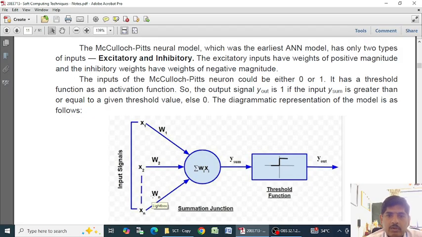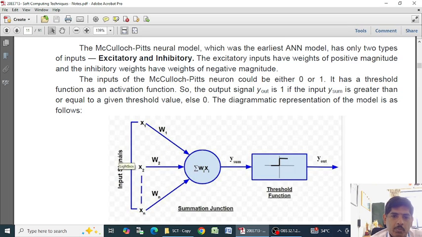Inhibitory weights have negative magnitude, like -2, -1, -3, -7. So all the excitatory weights have the same positive values, while inhibitory weights may have different values or the same values, but they are always in negative magnitude.